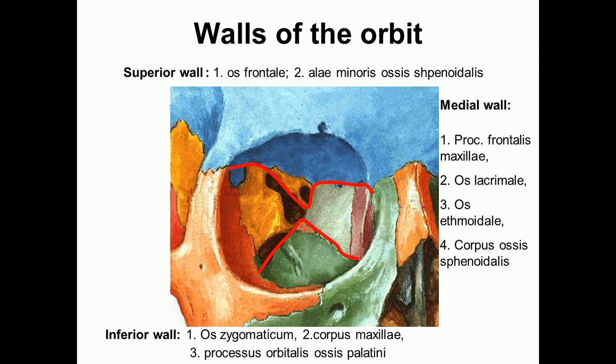First of all, processus frontalis maxillae, of green color, here it is. Then os lacrimale, number 2, of this dark pink color. Here it is.